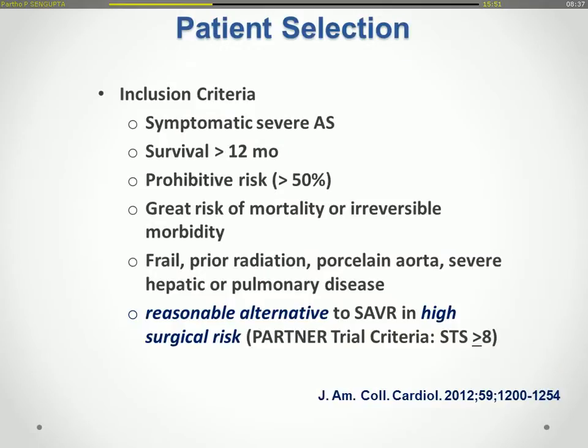This is also the same criteria which was further elaborated in the consensus document talking about the prohibitive risk of more than 50% mortality expected in this group of patients, presence of frailty or specific conditions which will make it extremely difficult to have a reasonable outcome after surgery, or if the patient is considered a high-risk surgical candidate, that should also be a reasonable criteria for electing for TAVR.